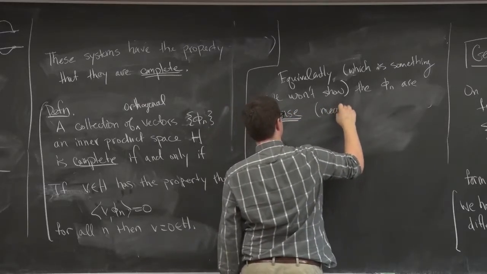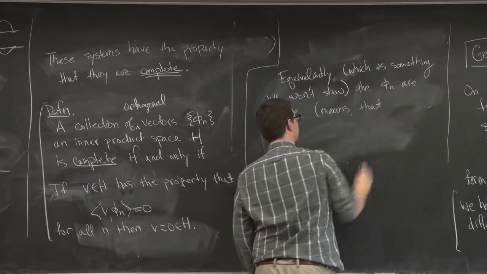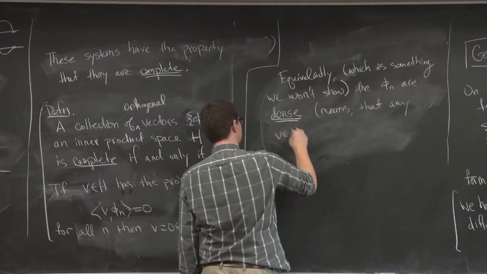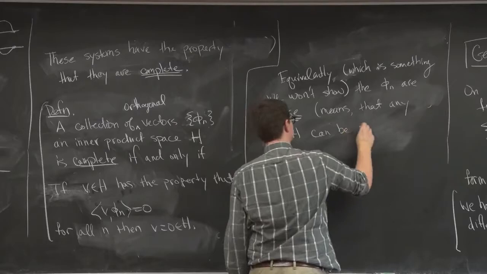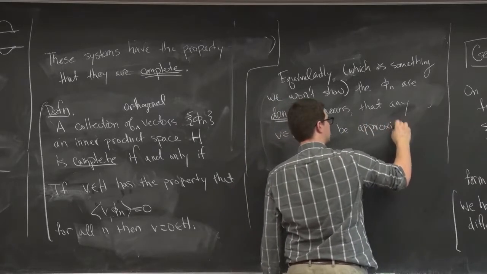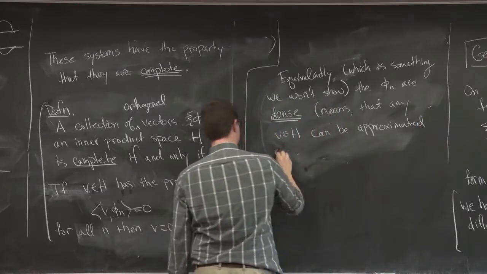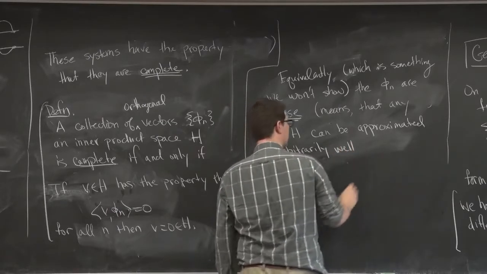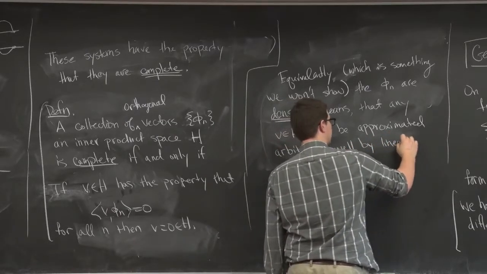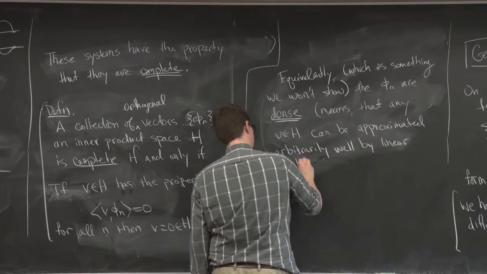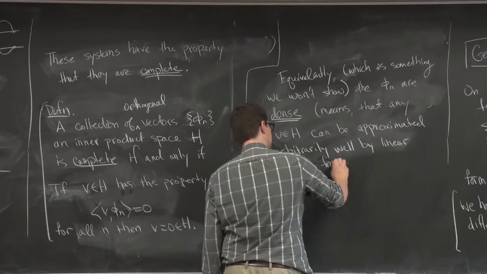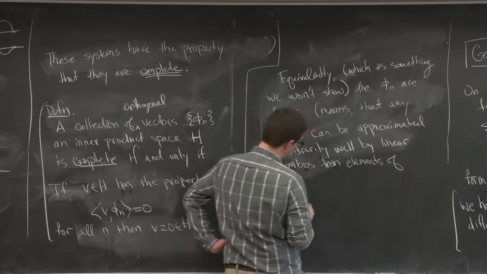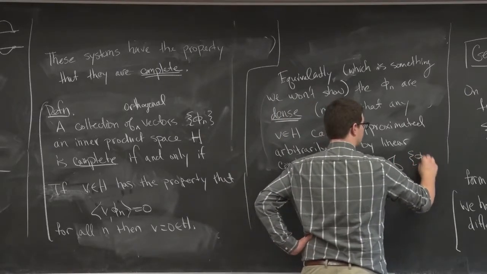This means that any vector can be approximated arbitrarily well by linear combinations of this set here.